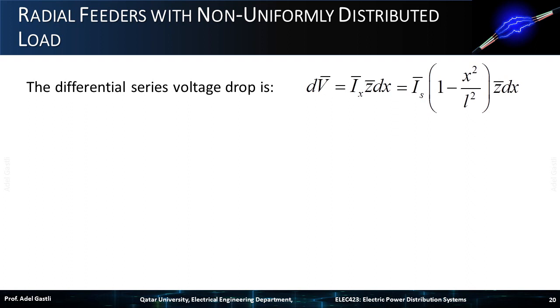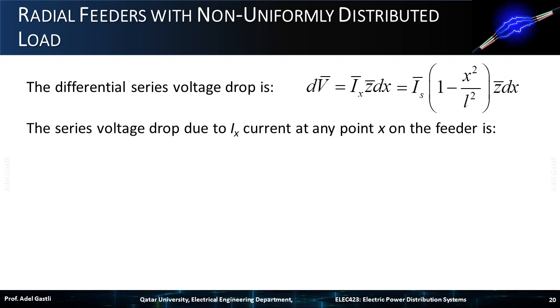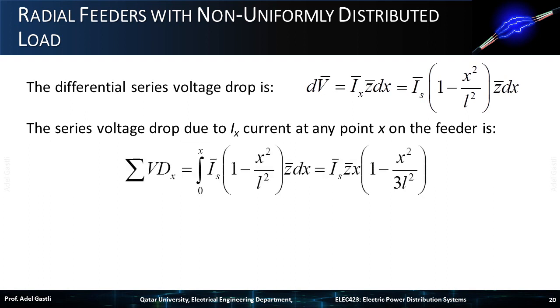times z and dx. Then, the series voltage drop, due to Ix current, at any point x on the feeder, is determined as the sum of dV, that is the integral from 0 to x of Is times 1 minus x square over L square, all times z and dx, which can be developed to obtain Is times z times x times 1 minus x square over 3 L square.